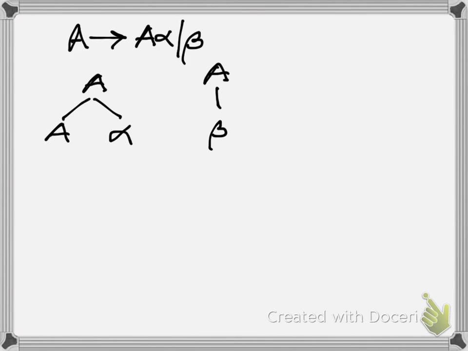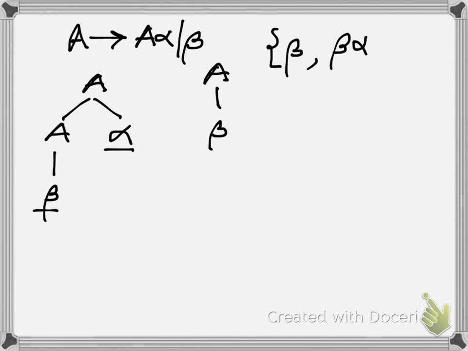If it is beta, then it stops here, and beta is one of the strings. Or if I follow the first production, since this is a recursive call, I may stop at beta, so the string generated is beta alpha.